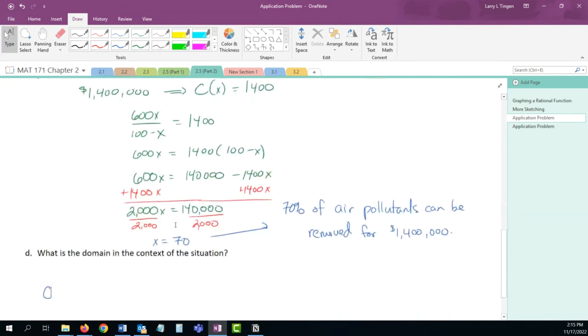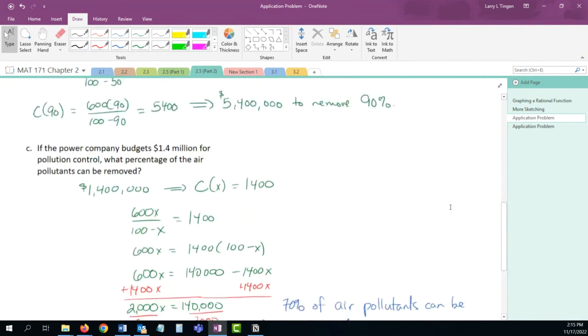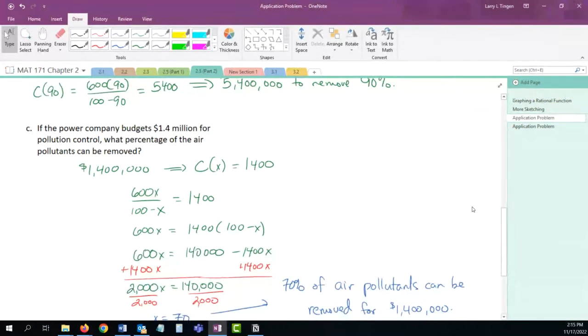Yeah, 75% was 1.8 million. So 70% can be taken out for 1.4. That's great that you saw that, that this number was going to have to be less than 1.8 million, right?